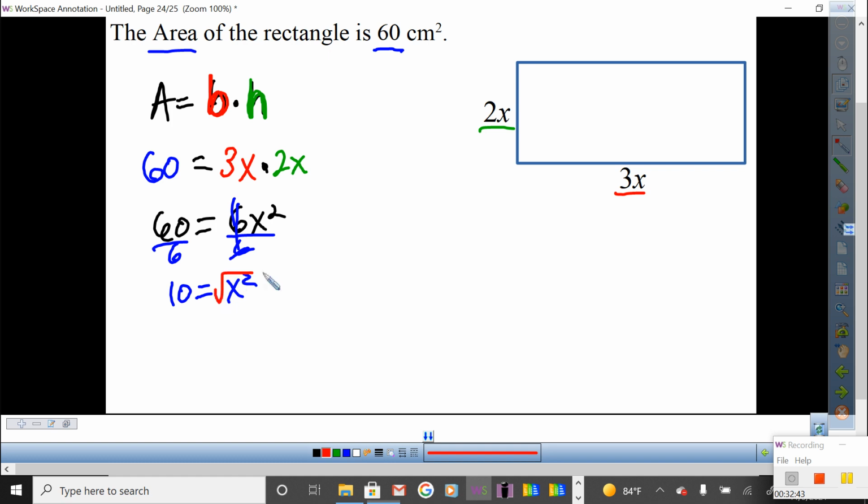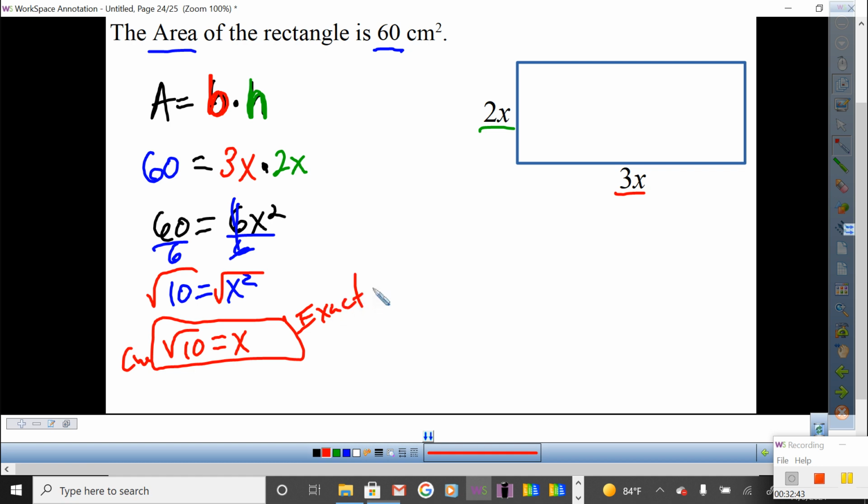And last, take the square root, we end up with square root of 10 equals x. This answer in centimeters is exact. So if we apply it here to this one, it would be 2 square root of 10, yes? Centimeters. How about here? 3 square root of 10 centimeters.